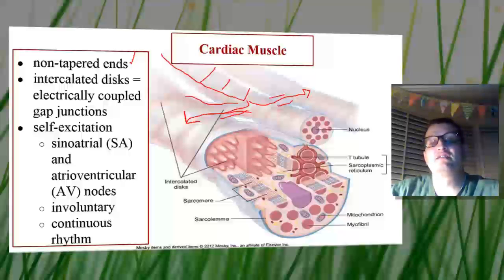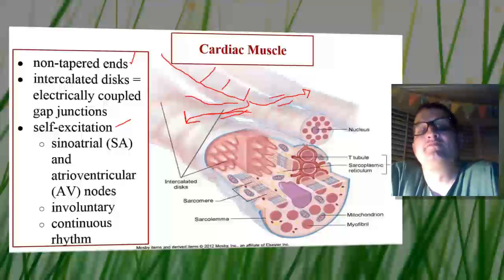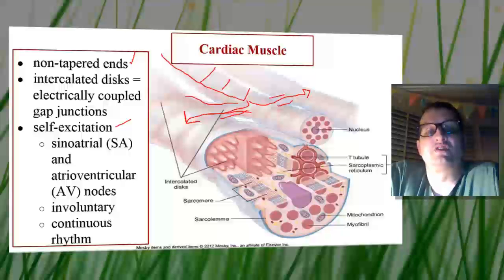Cardiac muscle has a very unique quality called self-excitation, and that means that the sinoatrial and atrioventricular nodes do not require input from the central nervous system to function, and they discharge at a continuous rhythm.